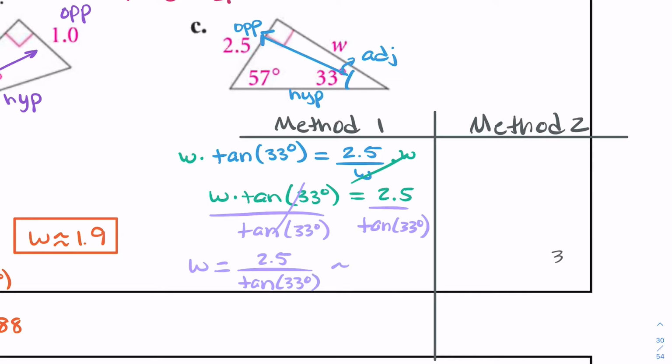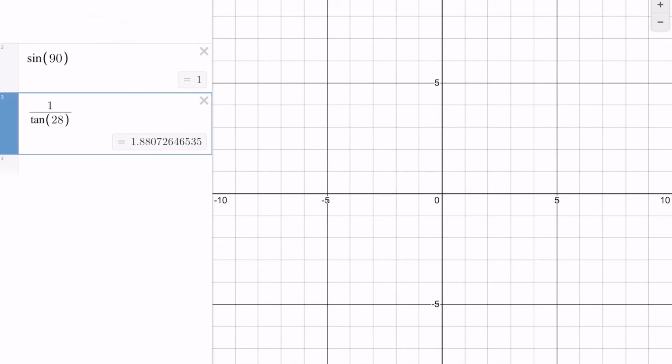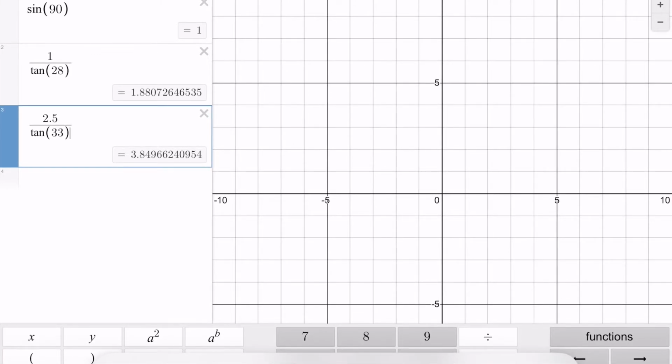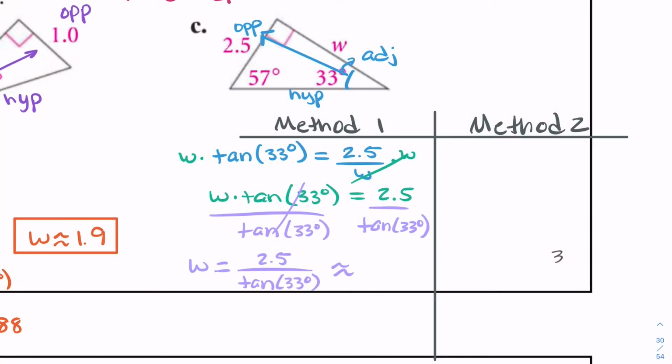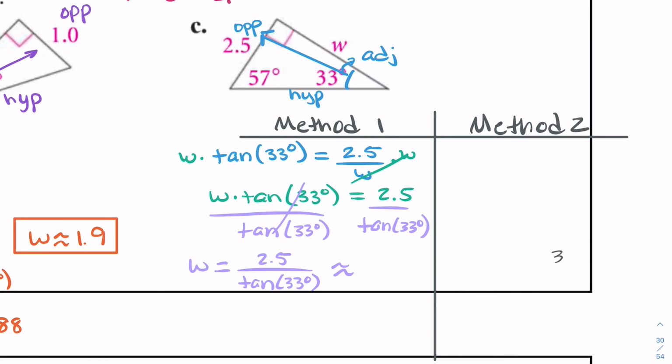That looks much better. Okay, 2.5 over tangent of 33 is 3.849.